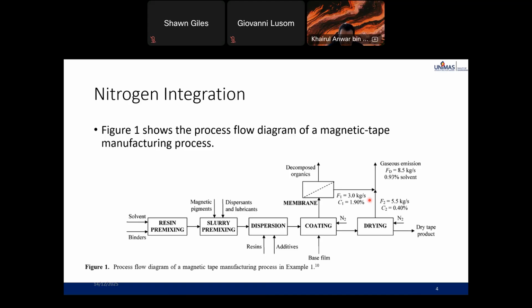The coated film undergoes a drying process here, where nitrogen gas is used to evaporate the remaining solvent. So here is the nitrogen, another nitrogen inlet. It didn't specify what is the concentration for the nitrogen.